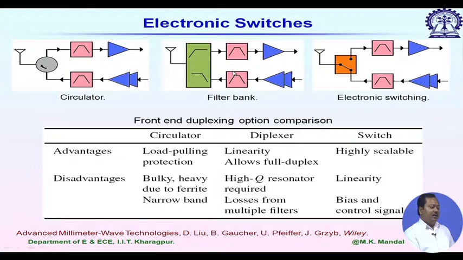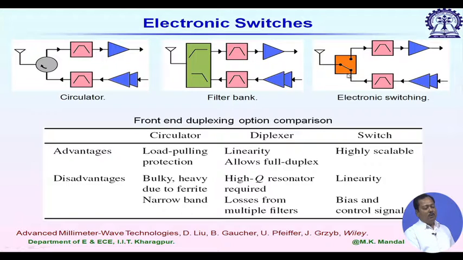So, again it is a full duplex system and it can isolate transmitter and receiver at any given time. And the third example is by using switches. So, in this case we can see that the single antenna is connected to the transmitter side or receiver side, and this connection depends on the state of the switch.